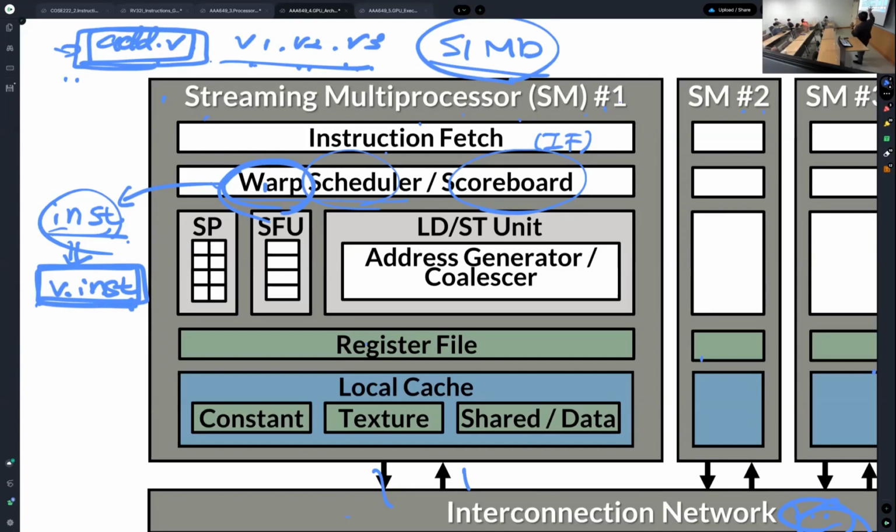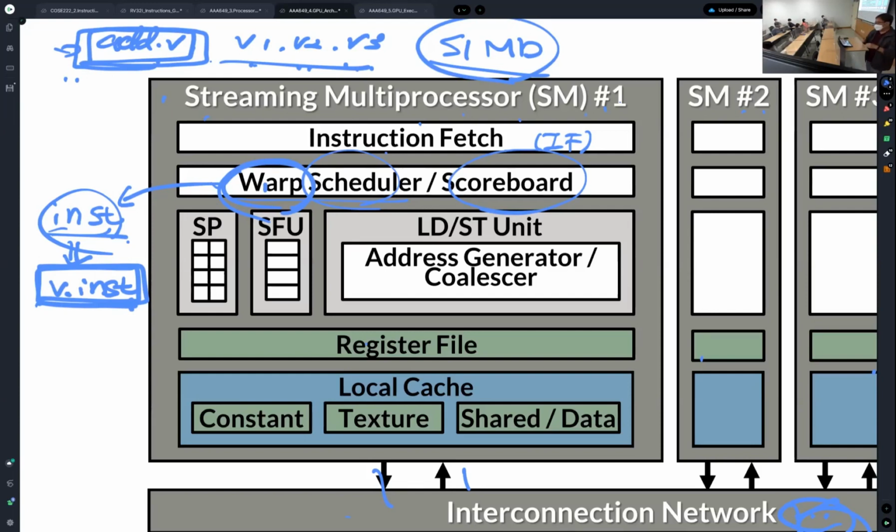And also the scoreboard is similar to the scoreboard of a CPU domain. The scoreboard checks the data hazard, like the RAW hazard, WAW hazard, or WAR hazard. So the scoreboard checks the availability of instructions in the CPU domain.